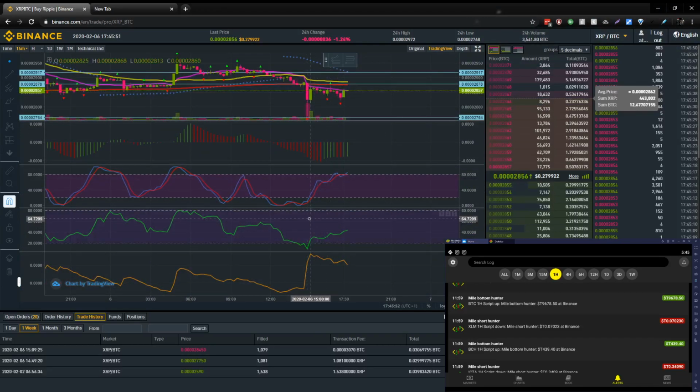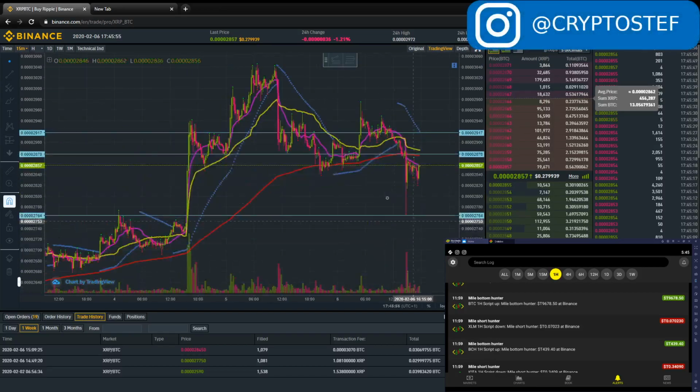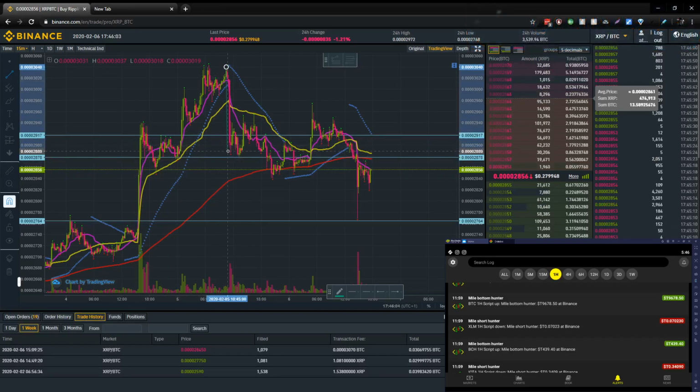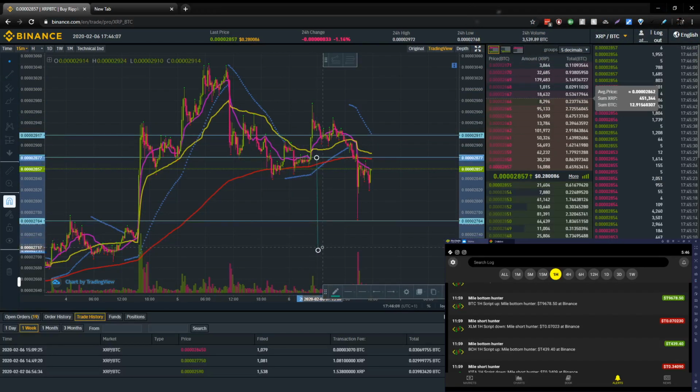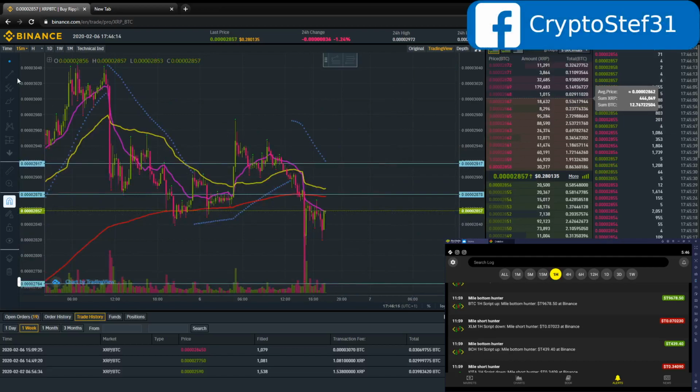So on the 15 minutes it's probably head and shoulders, and if you took this trade your target is right there. So yeah, not great for XRP BTC.